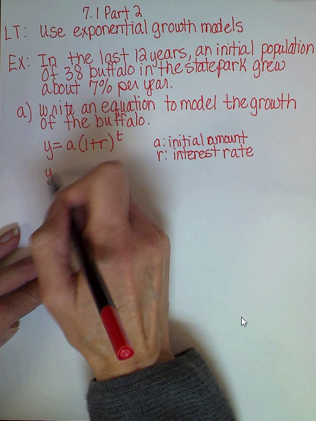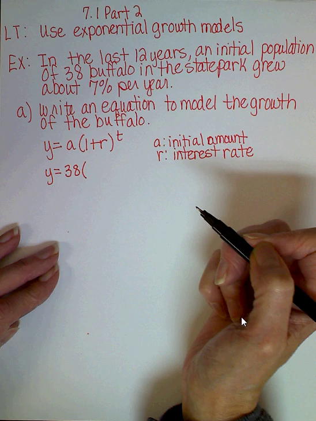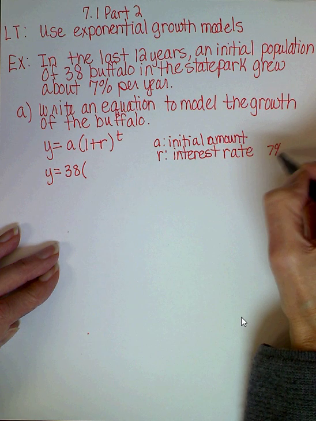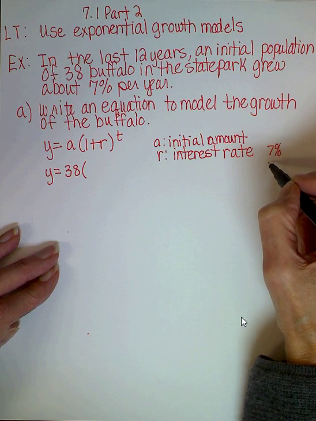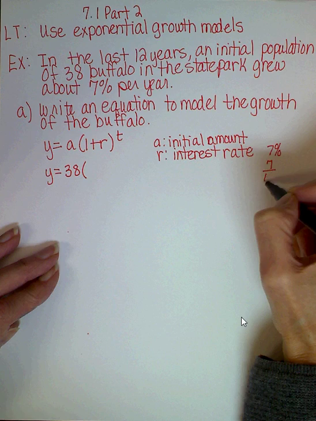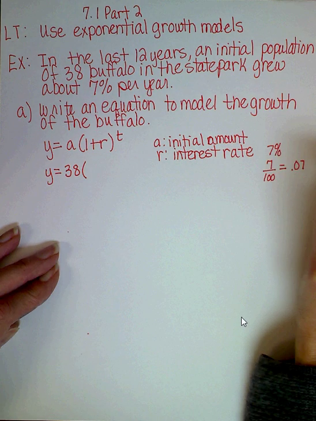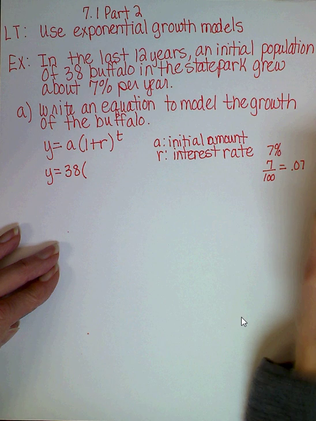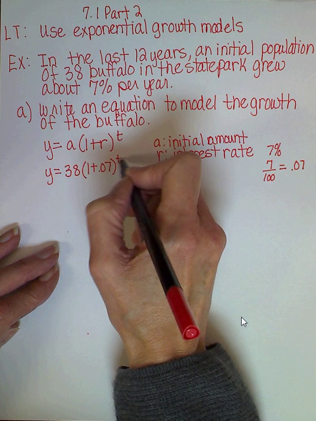Alright, so our initial amount of buffalo was 38. Our interest rate is 7%, which you move the decimal over 2 places. Remember, percentages are out of 100. So if you divide this by 100, you would get 0.07, which is why we move it 2 places to the left. Okay, so 1 plus 0.07 raised to the t power.